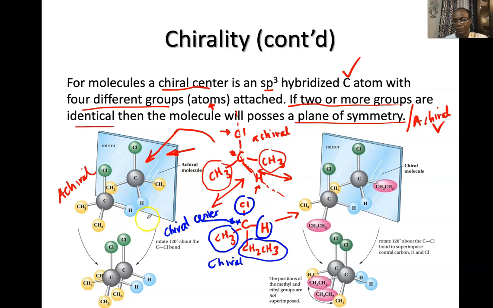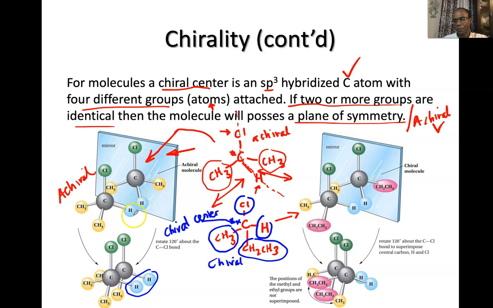All right, now if you come back here, if you want to check if they superimpose, it's very simple. Place the molecule in front of the mirror. Whatever you see in the mirror must match or overlap with the exact placement of the groups. Like you see how the hydrogen is for the original molecule, which is this molecule.